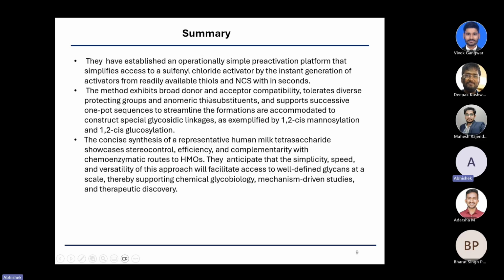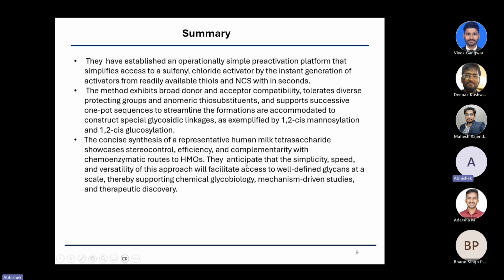The method exhibits broad donor and acceptor compatibility, tolerates diverse protecting groups and anomeric thio-substituents, and supports a successive one-pot sequence to streamline the formation of special glycosidic linkages, as exemplified by 1,6 mannosylation and 2,6 glucosylation. The concise synthesis of a representative human milk tetrasaccharide showcases stereocontrol, efficiency, and complementarity with chemoenzymatic routes to HMOs.